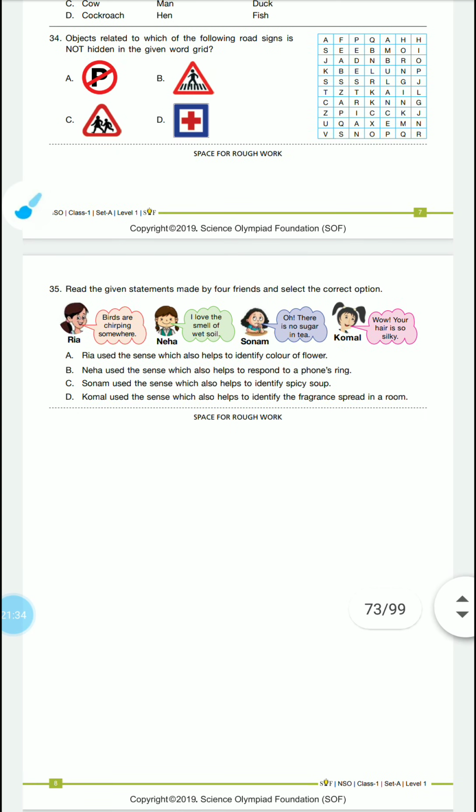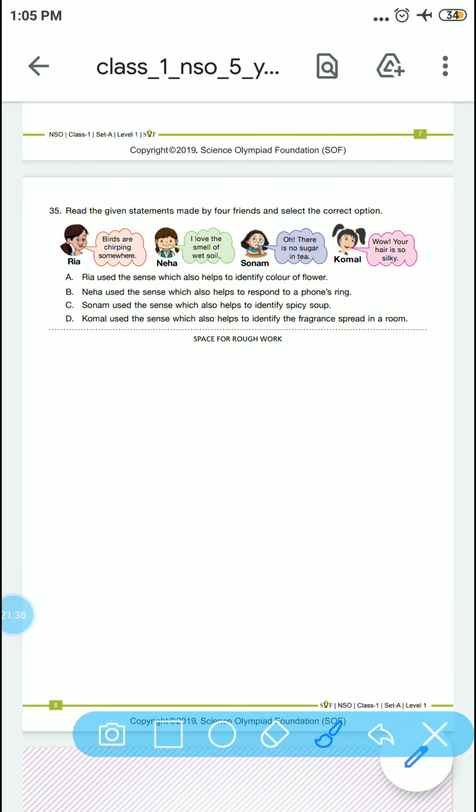Now moving to the last question of this question paper. Read the statements made by four friends and select the correct option. Birds are chirping somewhere. I love the smell of wet soil. Oh, there is no sugar in tea. Wow, your hair is so silky. So here we have Riya, Neha, Sonam and Komal with different statements of their own.